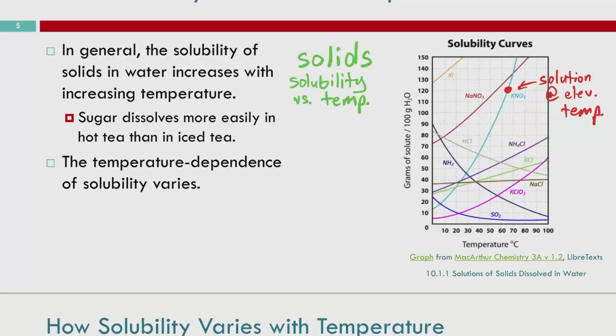So we're moving from the right to the left. We decrease the temperature, and that causes our solubility to plummet. But we already have this amount of solute in our solution.